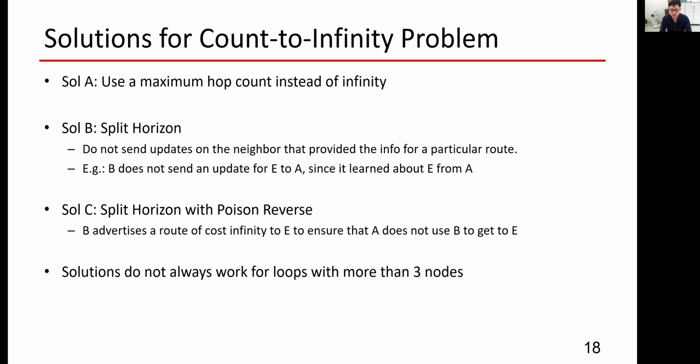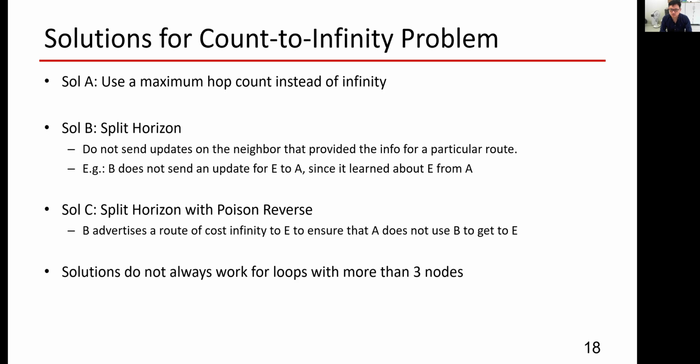Why? So count to infinity, if you think about it, I have to care about the 16 routes or 17 routes. To cover 16 and 17 routes, I may have to update more than 30 to 40 hops, which is not feasible. Okay, because of those messages, the routing tables are contaminated.